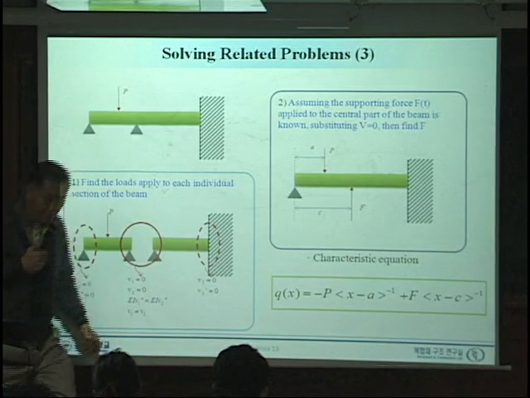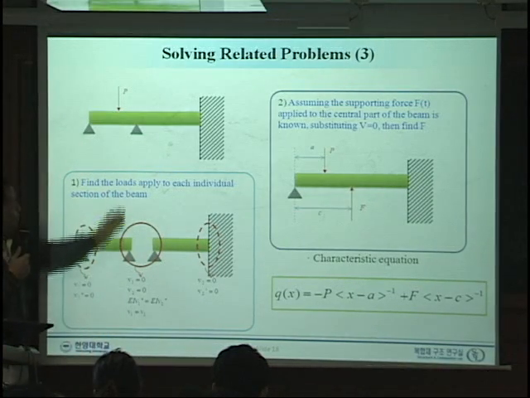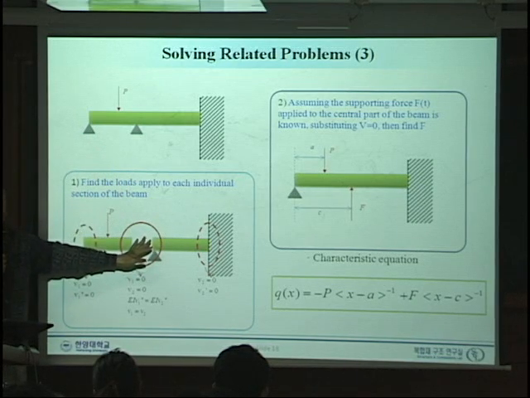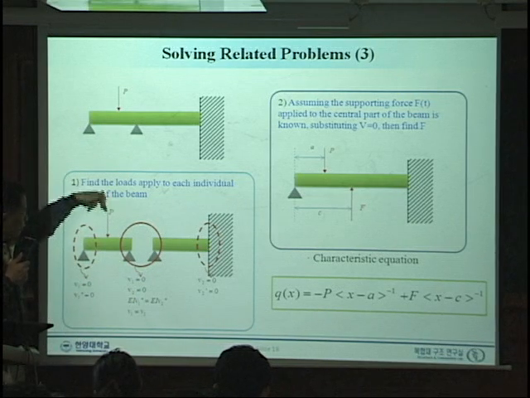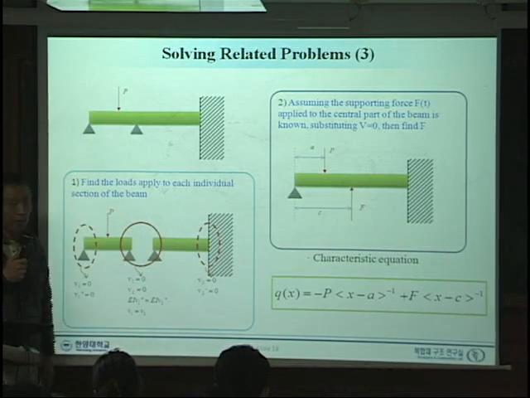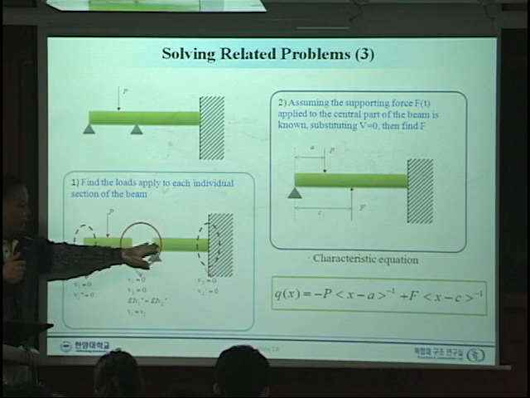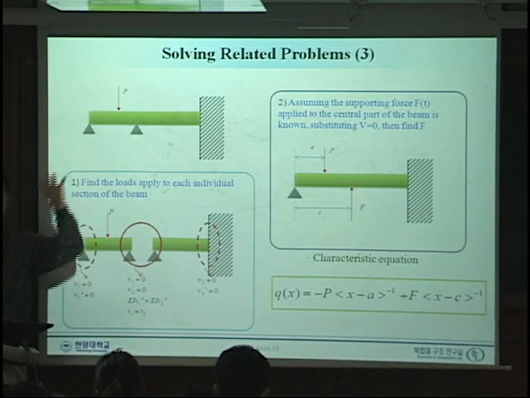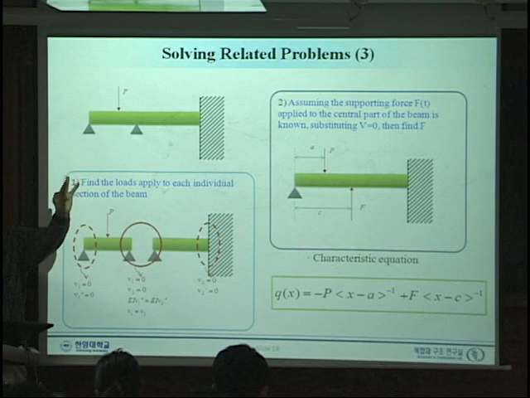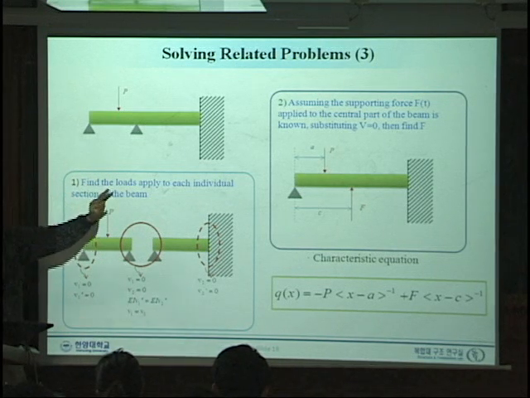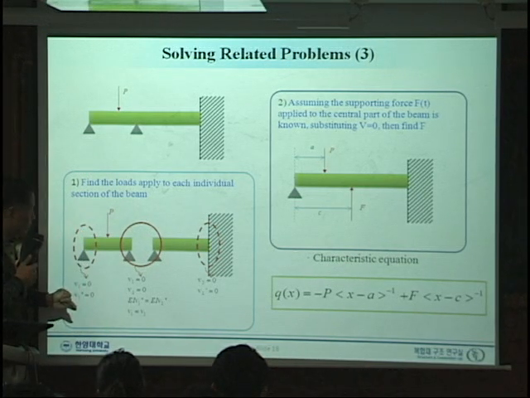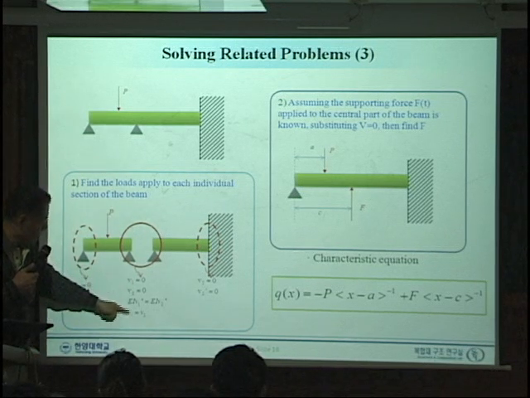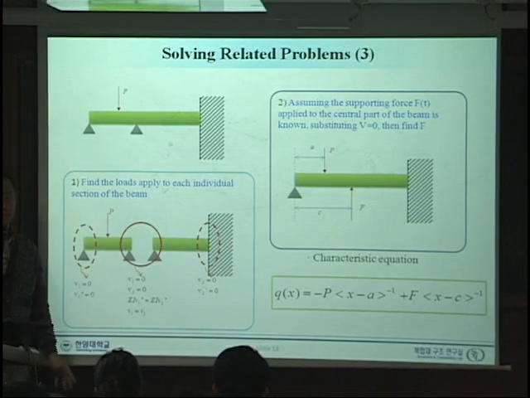Well, one way could be like that. We just divide into 2 beams, and you solve this one and solve that one. But at the interface, this beam and that beam will have the same deflection, same slope, and same moment, these 4 conditions.